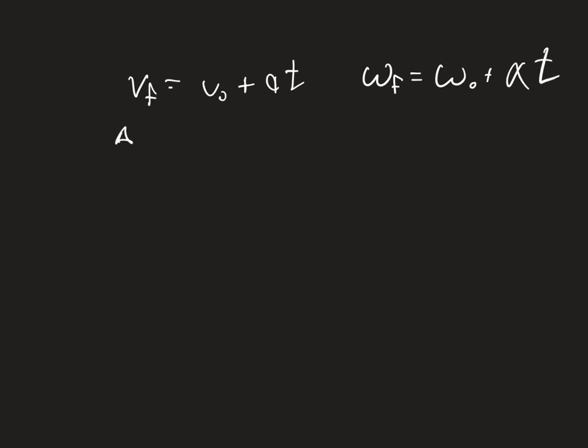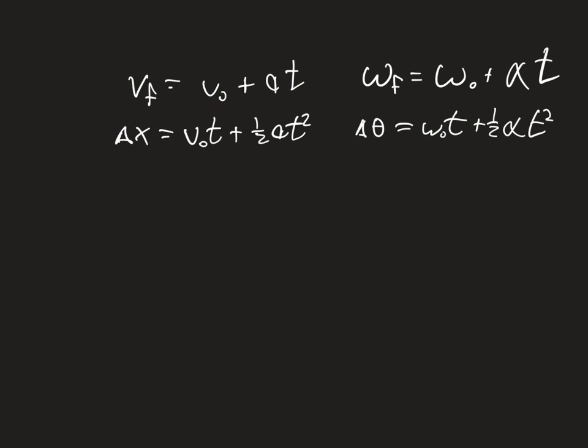Displacement, or change in our x value, equals v initial t plus 1/2 a t squared. Well, we can substitute in our rotational quantities and get the same thing. Change in theta, our angular displacement, equals omega initial t plus 1/2 alpha t squared.